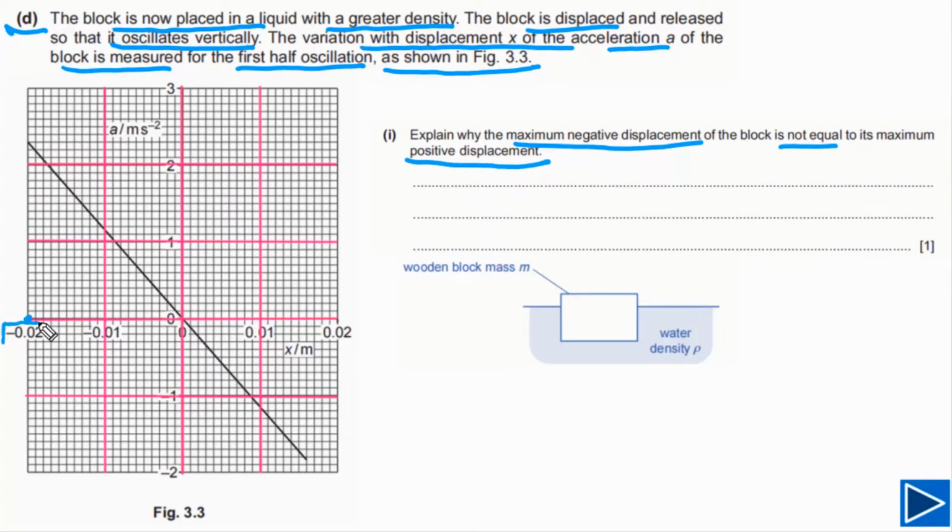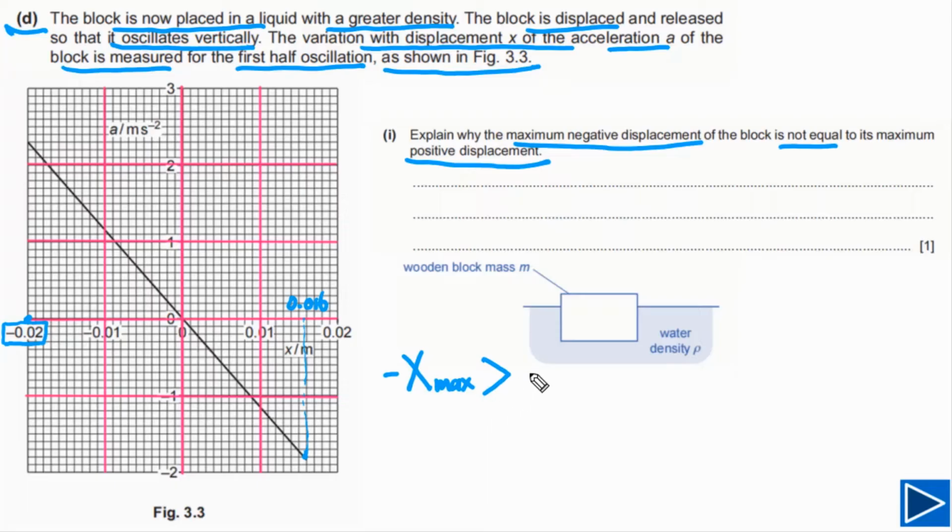The value of maximum negative displacement is equal to negative 0.02, and the value of maximum positive displacement we can find out from here, and this value is about 0.016. So in this case, this is amplitude, but simply you can write down negative maximum displacement.